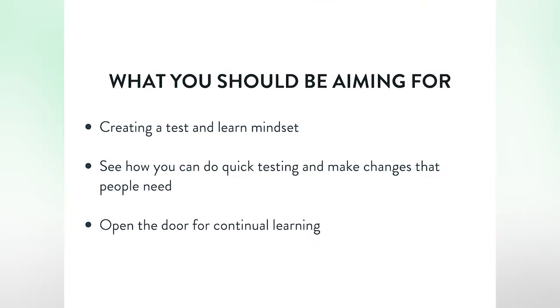So what you should be aiming for is something that creates a test and learn mindset. We shouldn't be thinking that we made the thing, we dev the thing, we ship the thing. It should be this process where we're always talking and getting more information. We want to be aiming for understanding how this quick testing can make changes that people actually need.